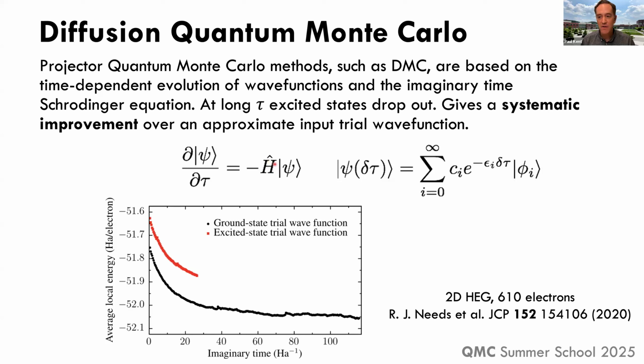So this is a way of giving a systematic improvement over some input trial wave function. And that's shown here from a study of homogeneous electron gas. This is the energy against imaginary time propagation in this particular scheme. So yes, we get continuously lower energies, and eventually this should stabilize.